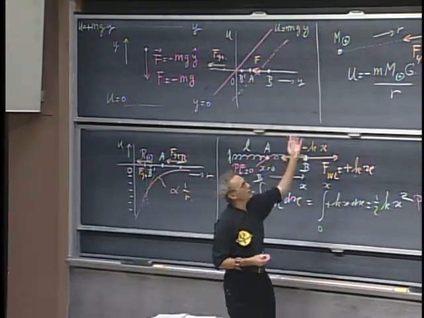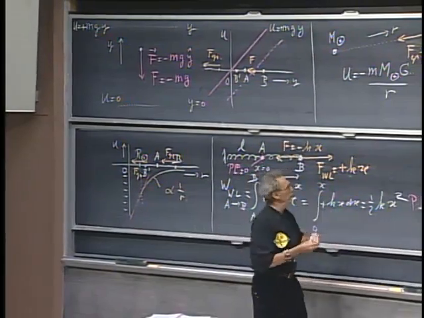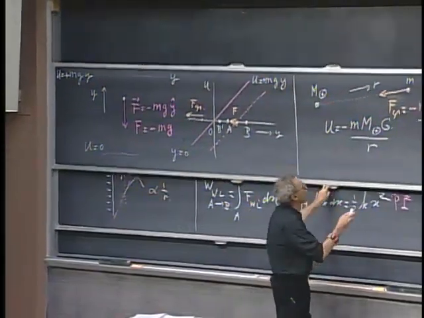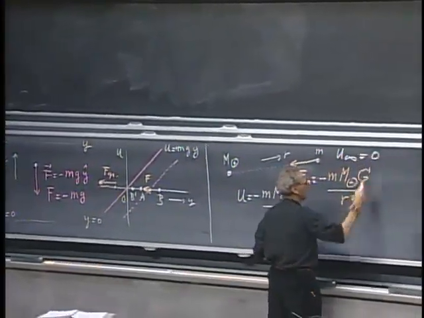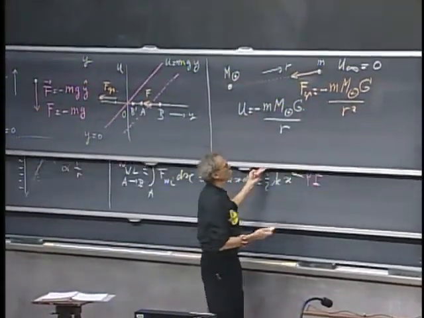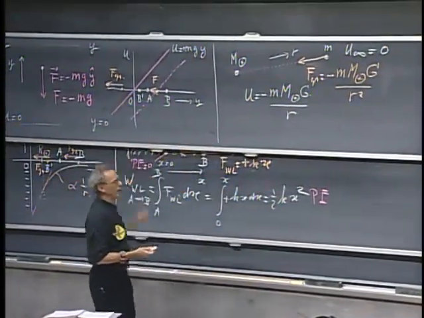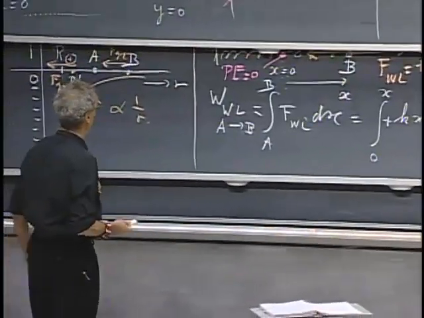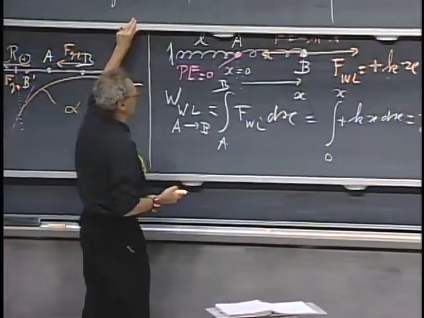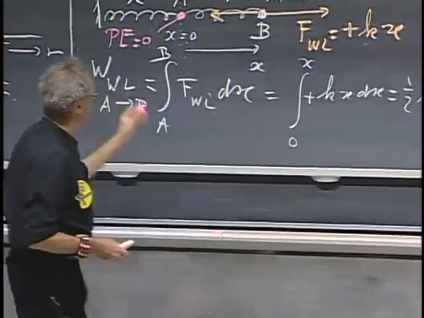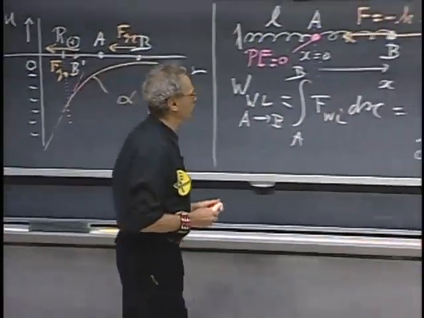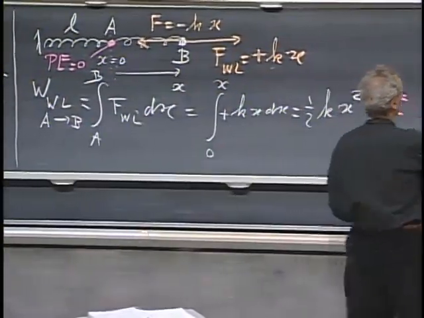In the case that we deal with very large distances, we do not have a choice anymore. We define it in such a way that the potential energy at infinity is 0. As a result of that, all potential energies are negative. And here, with the spring, you don't have a choice either. You choose potential energy to be 0 at x equals 0.